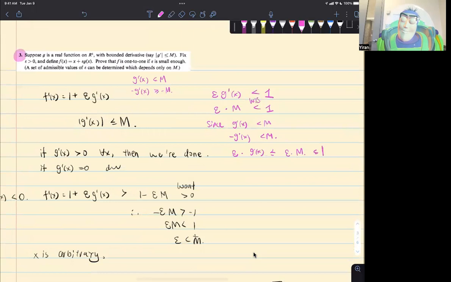That is what we want to show. Therefore, we should choose epsilon to be smaller or equal than 1 over M. And then we're done.